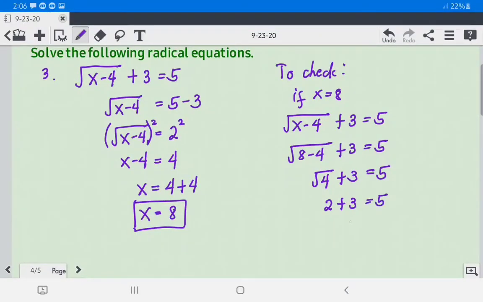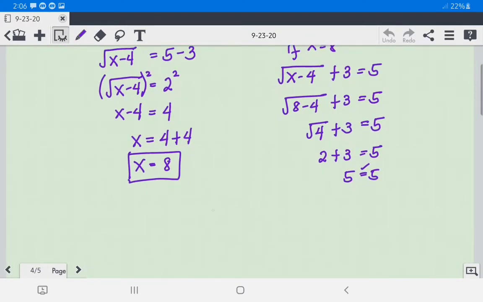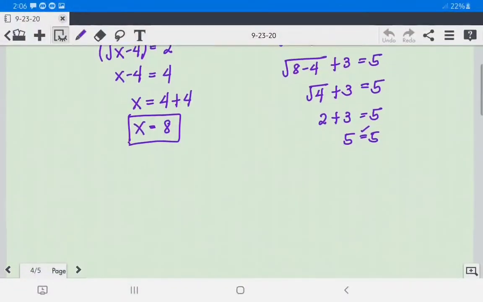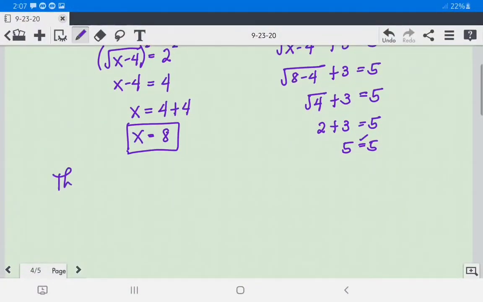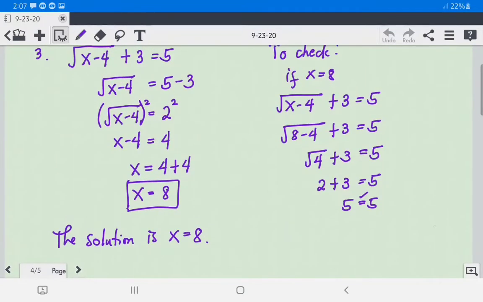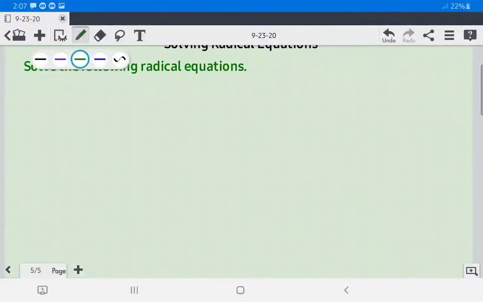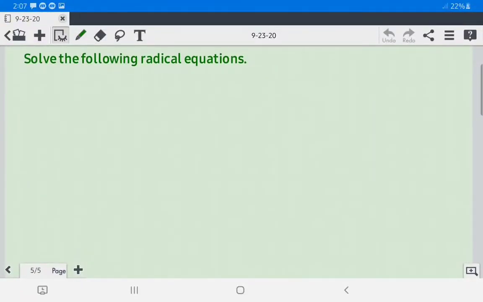So 2 plus 3, we have 5 equals 5. Check. So here we can say that the solution is x equals 8. Next, number 4.